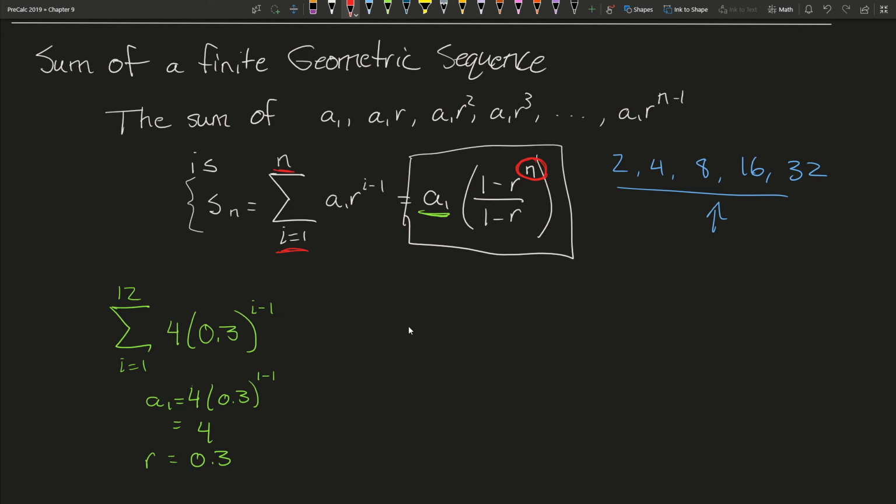So we want the 12th partial sum, which is equal to 4, our A1, times 1 minus our common ratio to the power of 12, over 1 minus our common ratio.